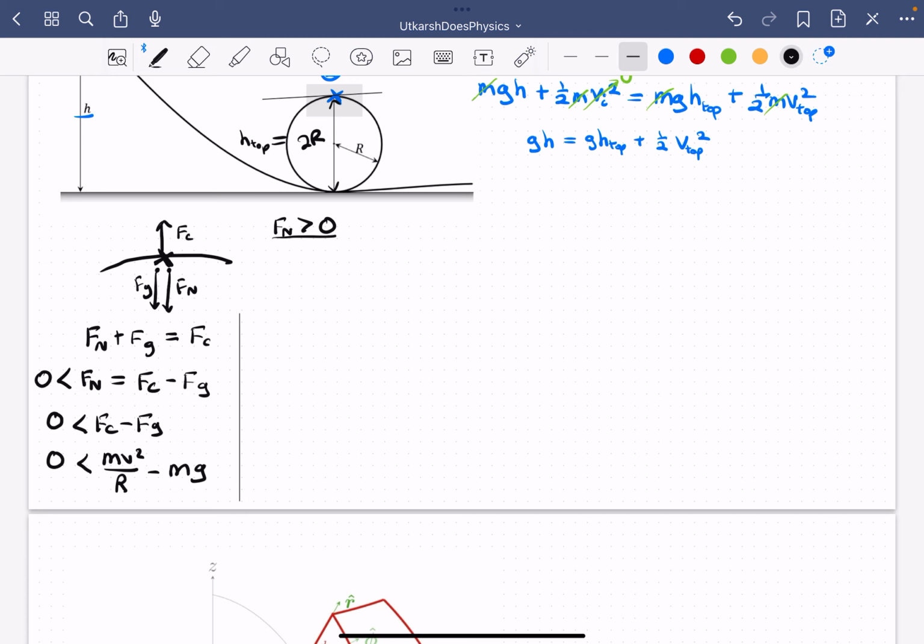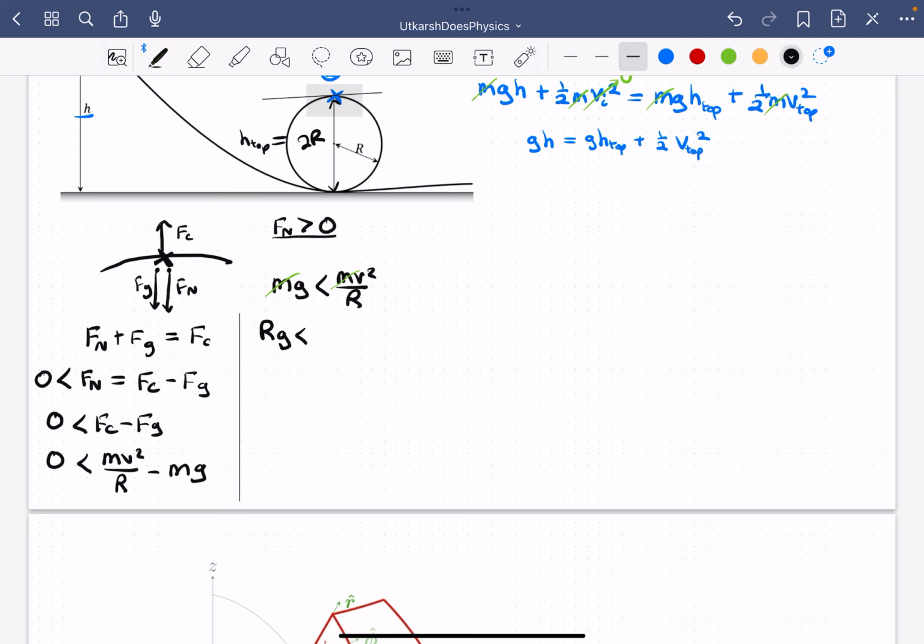So again, I'm just going to rewrite this equation. So we have mg always has to be less than mv squared over r. The m's cancel out because they're the same. And we can bring the r over on the other side to get our expression for v squared.